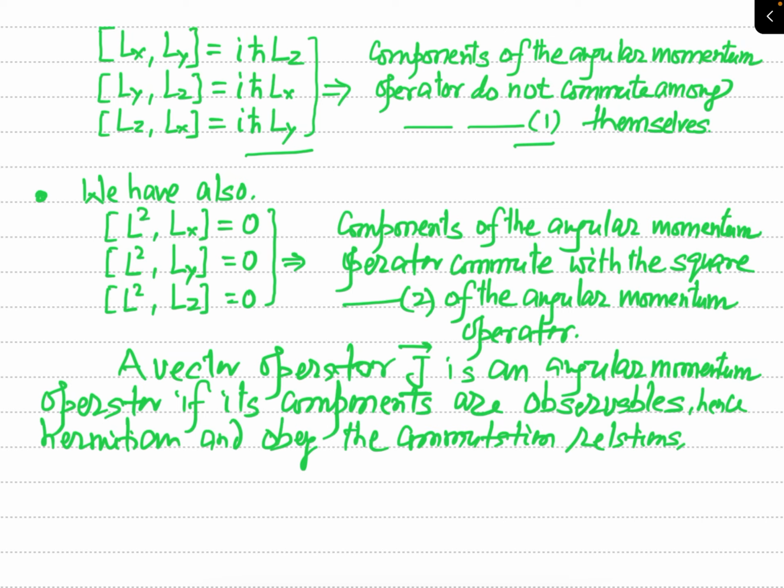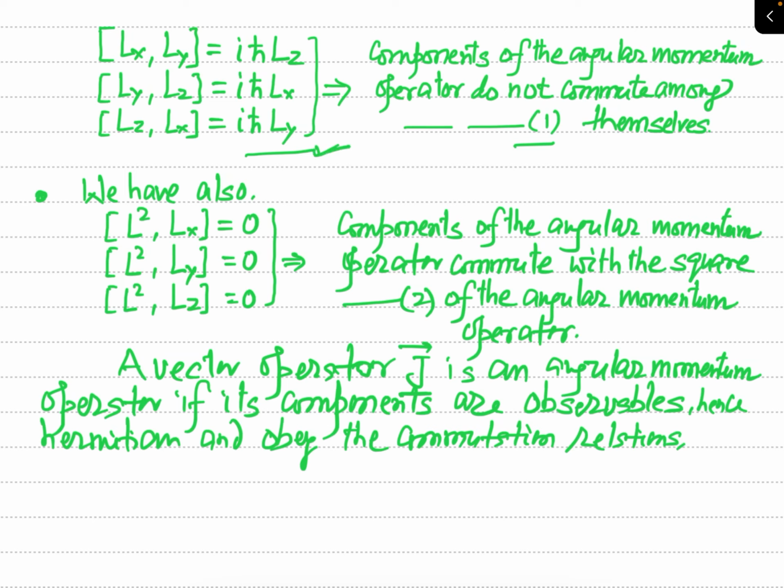So you can say that this vector operator J will be called an angular momentum operator, but only when its components are observables and hence Hermitian, and they obey the commutation relations like these commutation relations defined in equation 1.